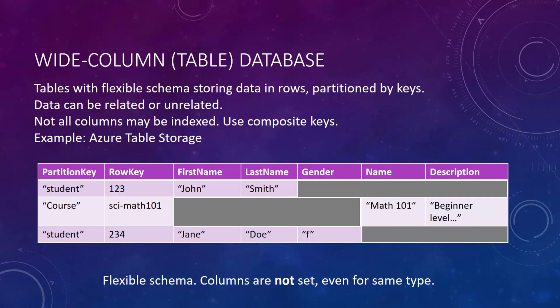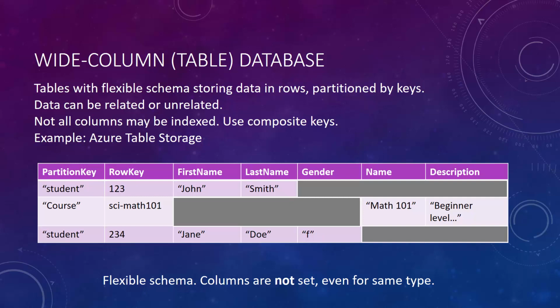So it's going to take a long time. It's not an efficient way to run a query because the database does not index those columns. It only indexes partition key and row key columns. Again, this is specific to Azure Table Storage and some other wide column databases. So whatever you're choosing, you need to look into that.